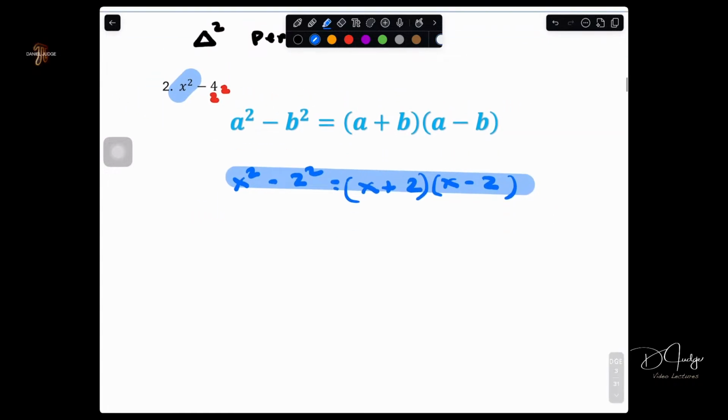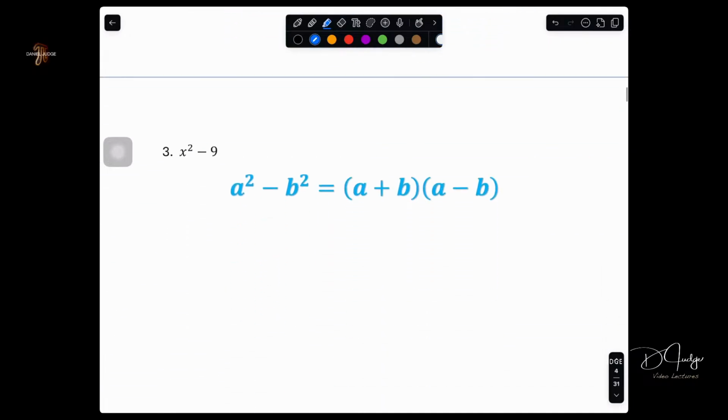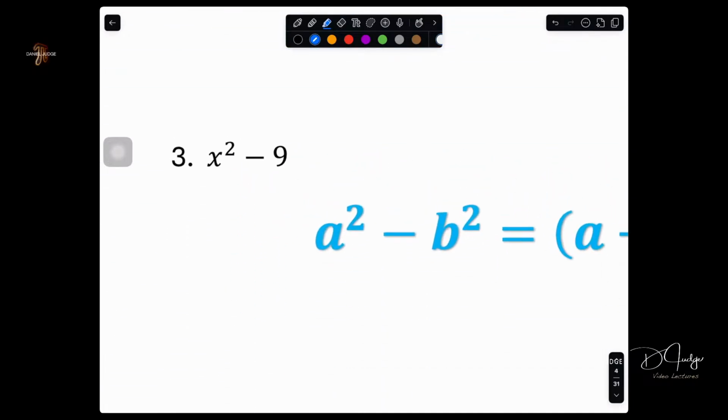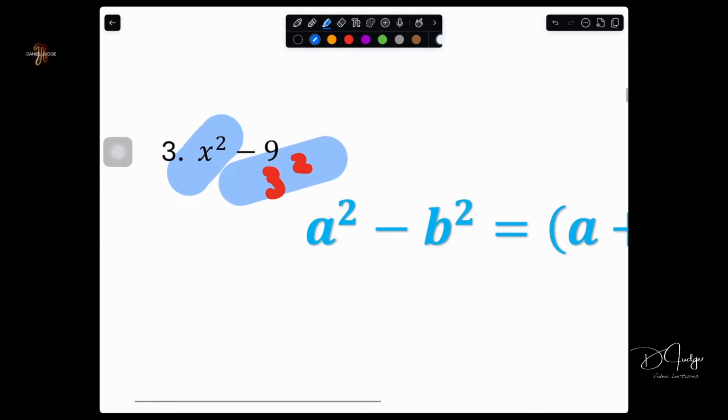All right. Number 3, x squared minus 9. Well, 9 is 3 squared. So again, the first term is a perfect square. The second term is a perfect square as well.